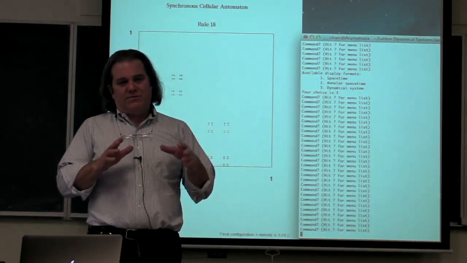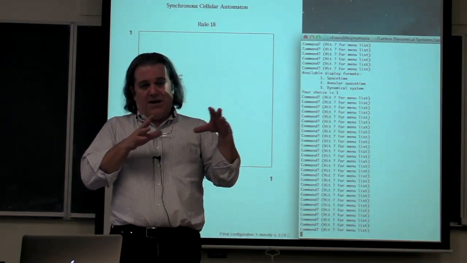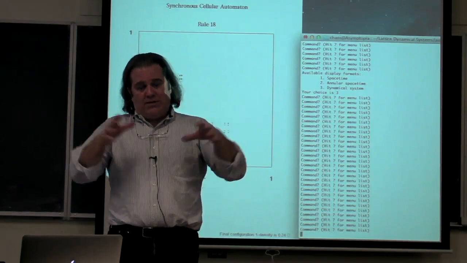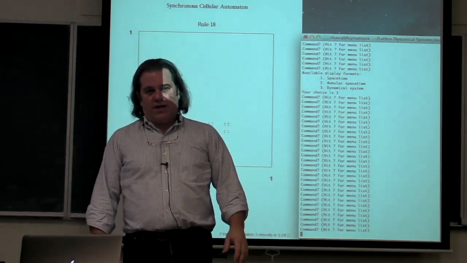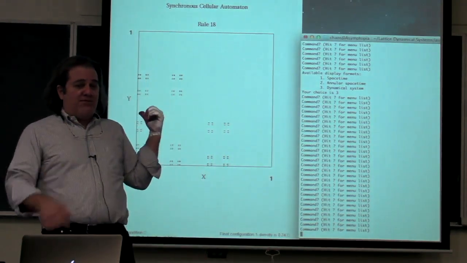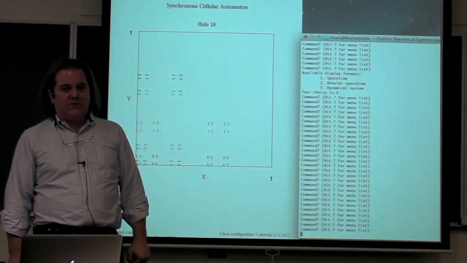So even if you're doing simulation studies, the strategy, if you're not doing analytical work along the lines I've been describing, is to look at the properties on different size lattices and make sure the properties you're studying stabilize on sufficiently large lattices. If I ran this on a 5-site lattice, it would immediately converge to a periodic sequence.